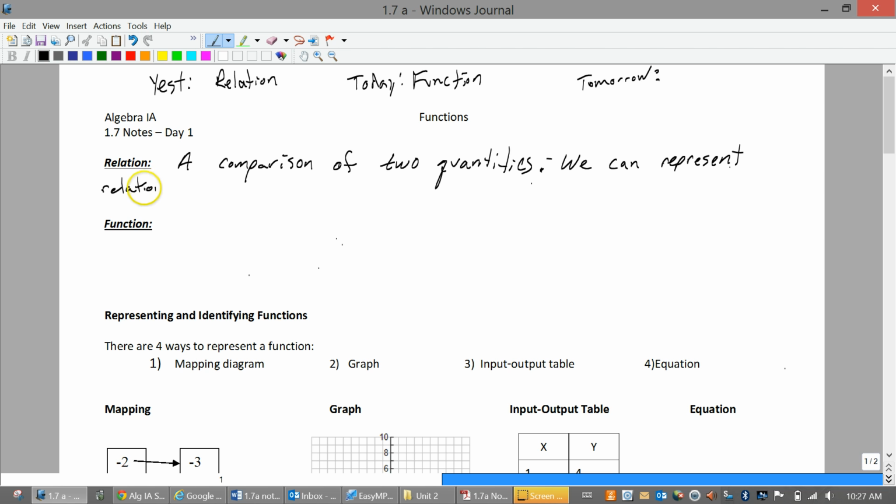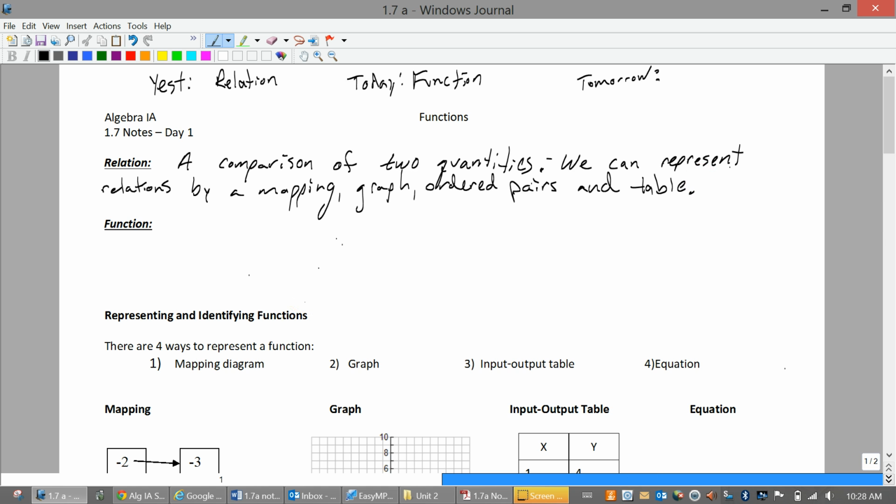By a mapping, by a graph, typically by ordered pairs, and by tables, all sorts of different things. There's different ways to represent different relationships.